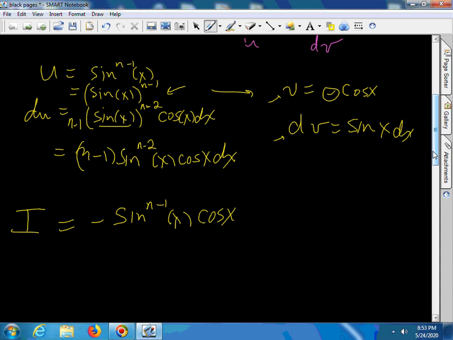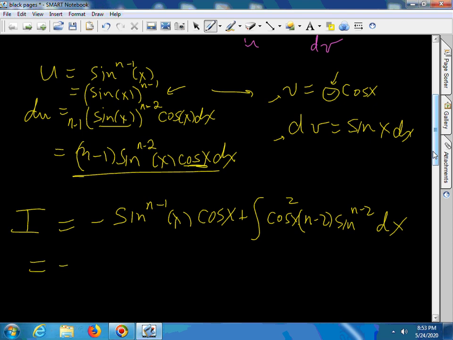That's uv. Minus the integral of v, which has a minus, so this becomes plus cosine x du, which is that mess. n minus 2 sine of n minus 2 times another cosine x right there dx.